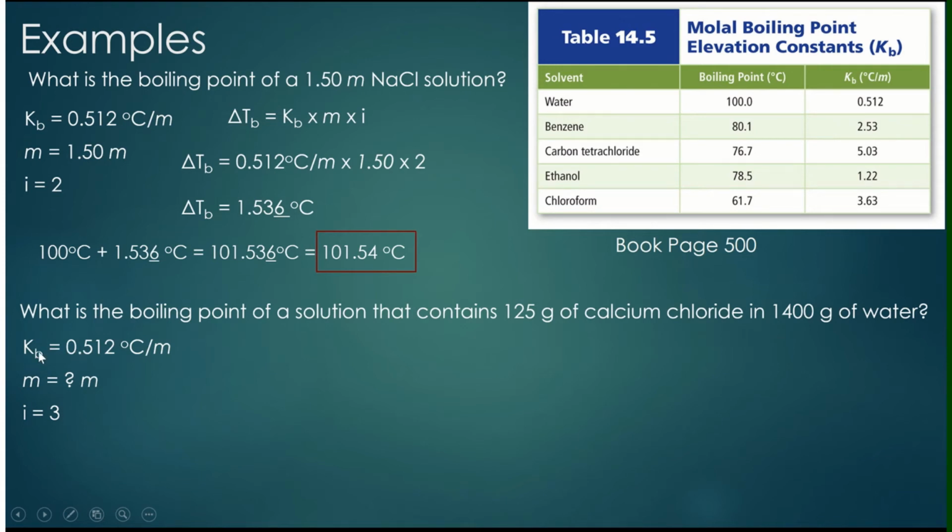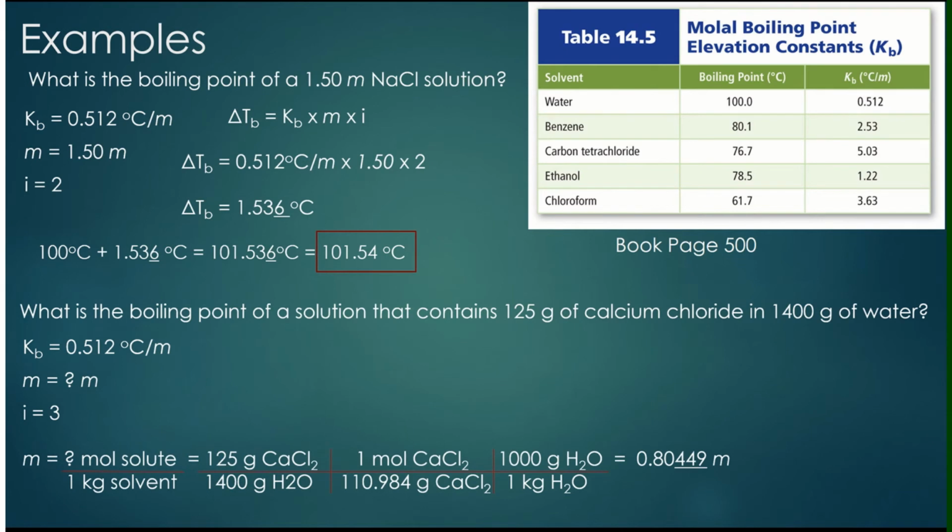Still using water, so our Kb will be 0.512 degrees Celsius per molal, and our Van't Hoff factor will be 3. Recall, calcium chloride is CaCl2. So when it dissolves, you're going to get 1 calcium and 2 chlorides. That's a total of 3 dissolved particles. So the Van't Hoff factor is 3.